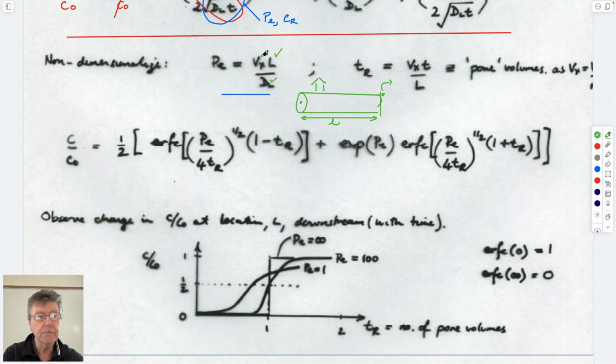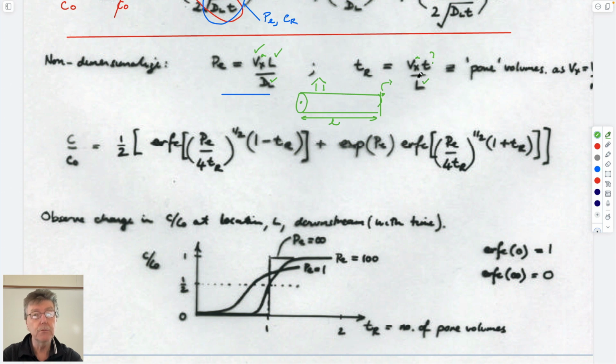You know what the advective velocity is. And so you can calculate what the Peclet number is. You know your distance downwind.